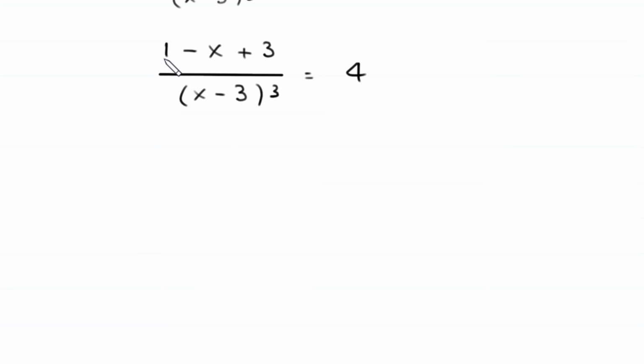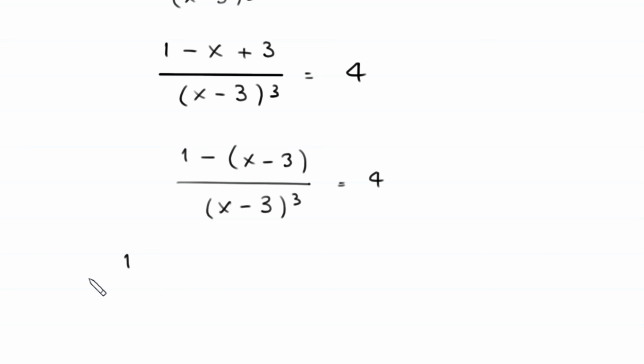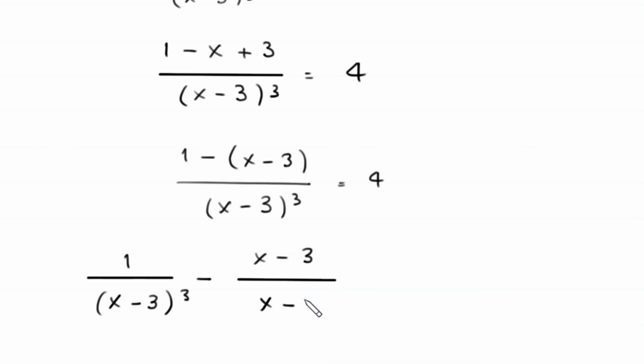Now we can rewrite this numerator as 1 minus (x minus 3) divided by (x minus 3) cubed equal to 4, and this will become 1 divided by (x minus 3) cubed minus (x minus 3) divided by (x minus 3) cubed equal to 4.